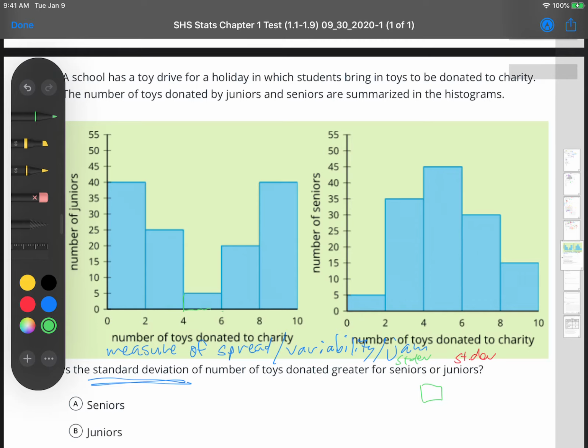Notice you have little data in the center, and you have a lot of data being spread out over here because this is a high number, 40, that's a big number, and it's bigger than the center, right? You would hope all the data is in the middle, but it's not, so you have a high spread, meaning there's a lot of students who brought nothing, and there's a lot of students who brought a lot. So a lot of variability. So what would I say about standard deviation? Just a lot.